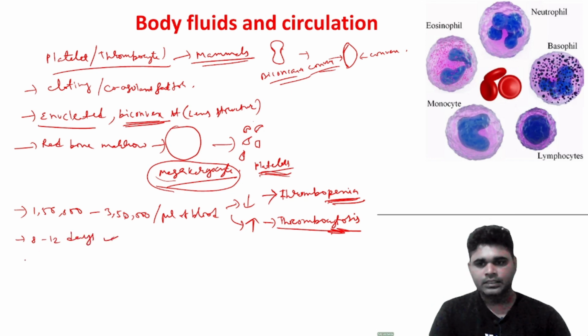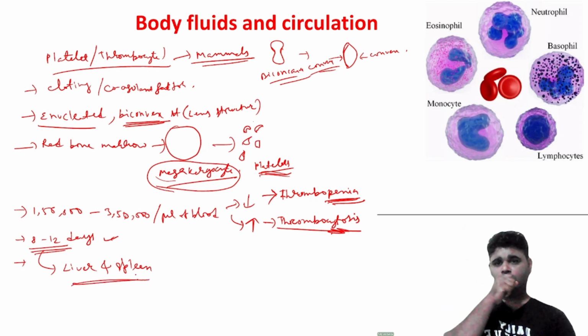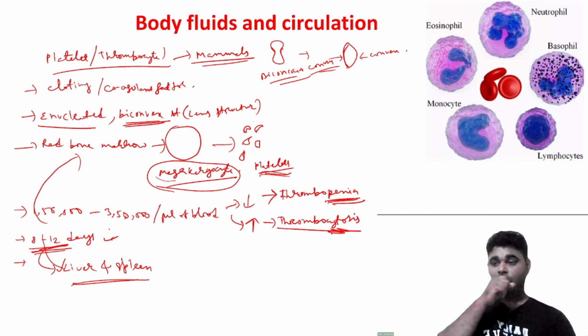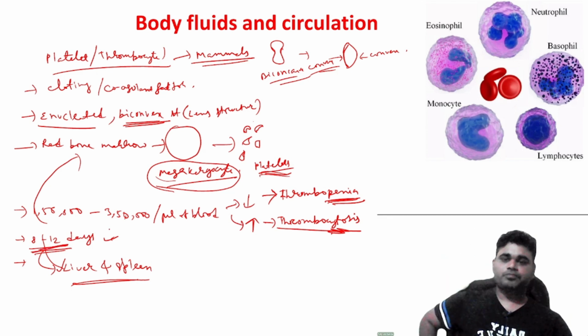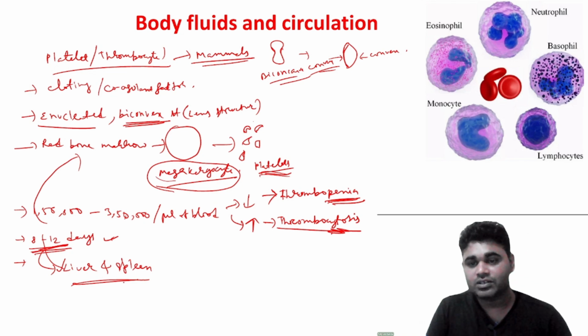After 8 to 12 days, it is destroyed in the liver and spleen. So platelets are formed in the red bone marrow and destroyed in the liver and the spleen after 8 to 12 days. Now remember the RBC. The RBC was also formed in the red bone marrow, but it was destroyed in the spleen only.